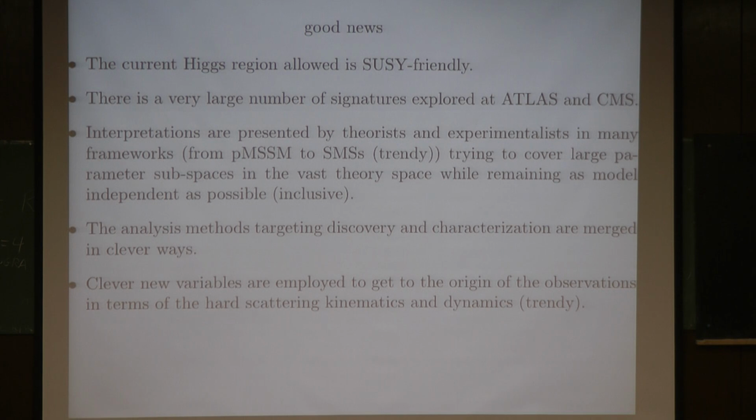This is the type of, and then we go into the reconstruction and we have Z plus MET, tau plus electron plus jets plus MET. But this is where we are moving in terms of the phase space for SUSY signatures. The interpretations are presented both by theorists and experimentalists in many frameworks.